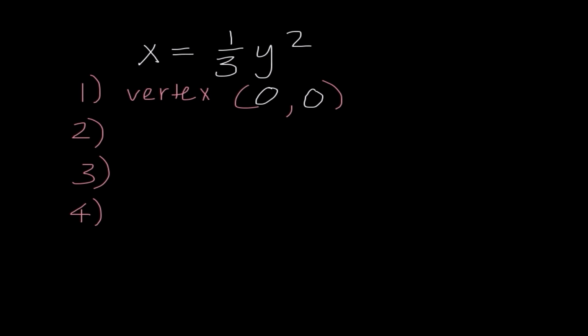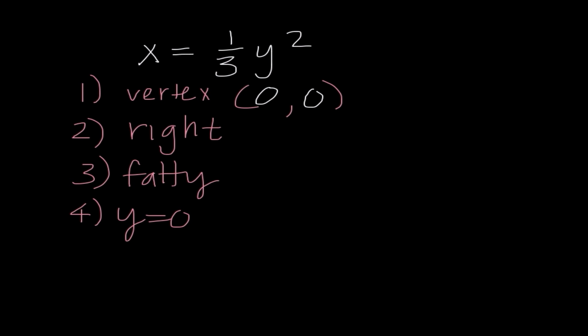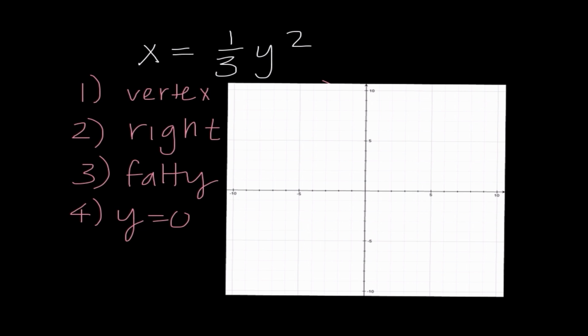To determine which direction this parabola opens, I notice that it is x equals a positive value, so that means it is opening up to the right. My a value is a fraction, so I know this is going to be fatty, and my line of symmetry is y equals 0.